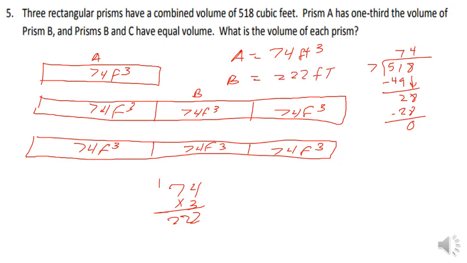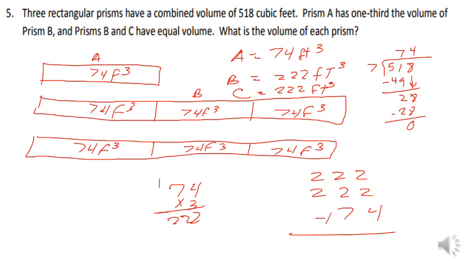B is going to equal 222 cubic feet. And C would equal 222 feet cubed. Now, if we did that correctly, they should add up to 518. So we have 8, 7, 8, 9, 10, 11, and 518 feet cubed.